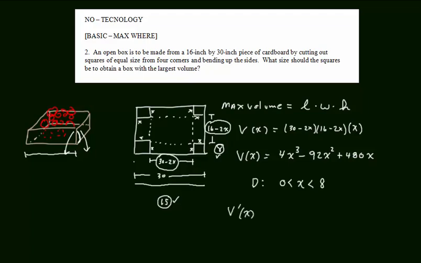V prime of x equals 12x squared minus 184x plus 480. We set that equal to 0. I'm going to help by factoring this for you, and this factors to 4 times the quantity x minus 12 times the quantity 3x minus 10, and we set that equal to 0.